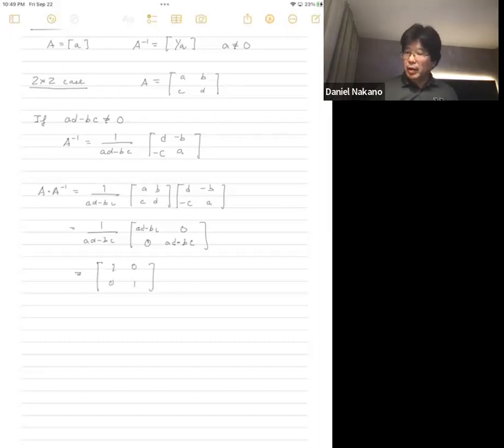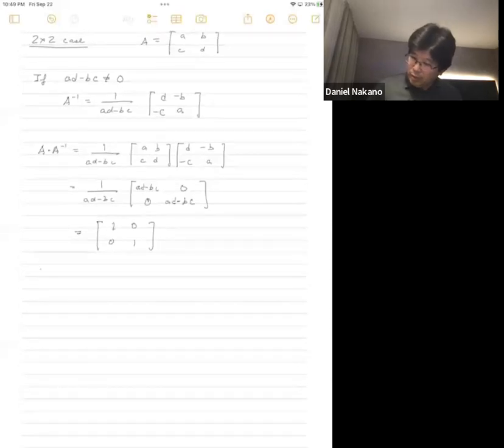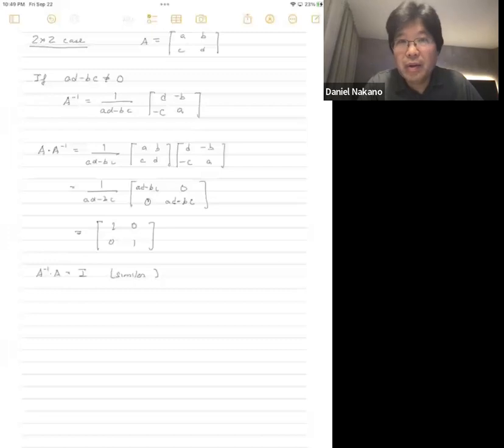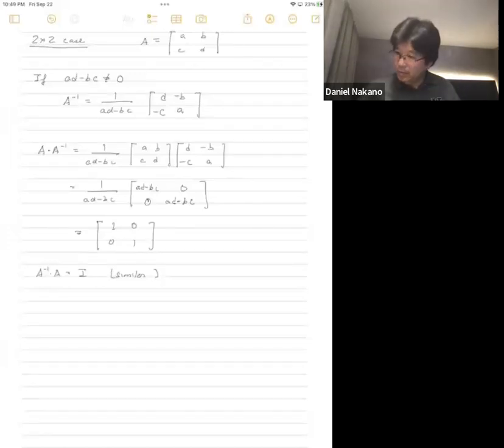And the other computation is similar, so you can do that yourself. So this is the formula for the inverse. For 2 by 2, we have this nice nifty little formula. And now we can apply it to an example.